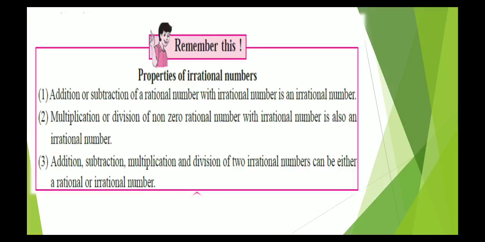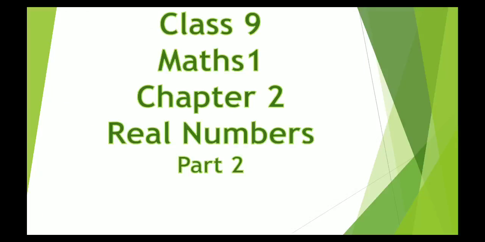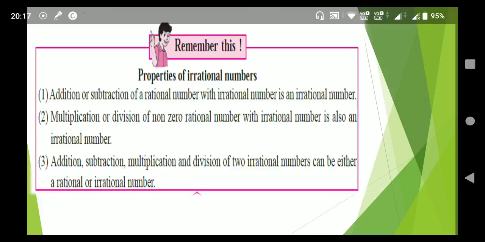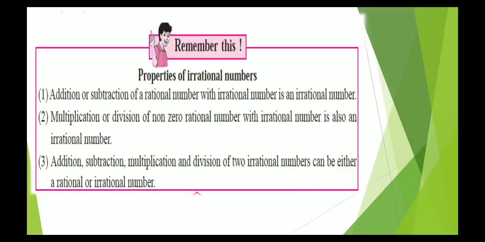Addition or subtraction, multiplication and division of two irrational numbers can be either a rational or irrational number. These are the properties of irrational numbers.